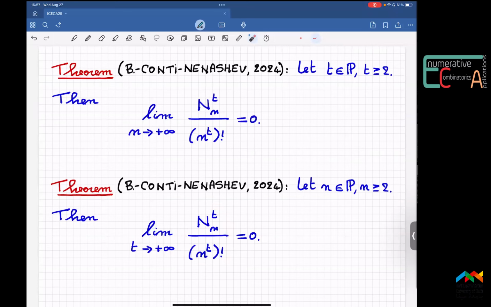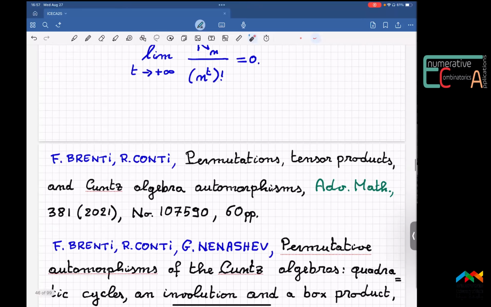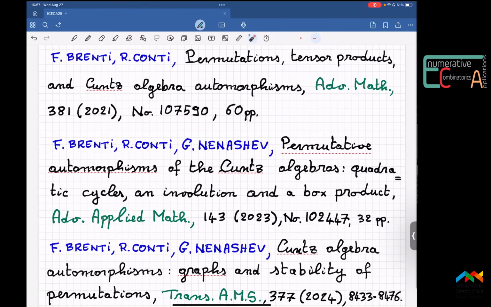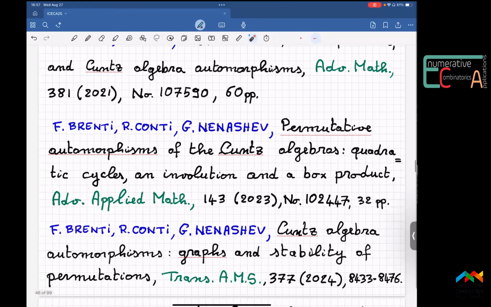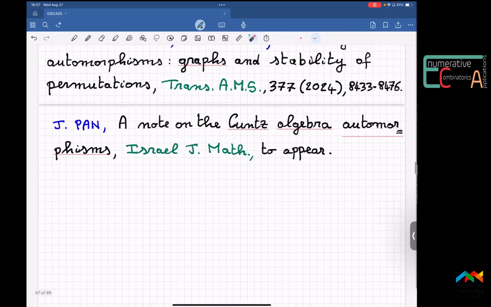So if you take a permutation at random, the probability that it is stable is 0, as either n or t go to infinity. Okay, so here are some references. All the results I've mentioned, plus many more, are contained in these papers. And so they're all here.